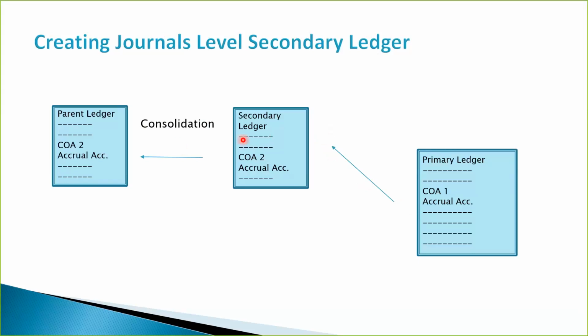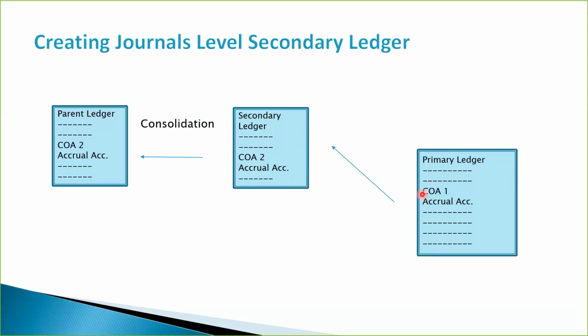And what that means is that every time we post a journal here, the journal is replicated to the secondary ledger, and it's going to be in the same format as what we see when we are entering journals in our Maskani ledger. Okay, and what does that allow Getao Enterprises to do?